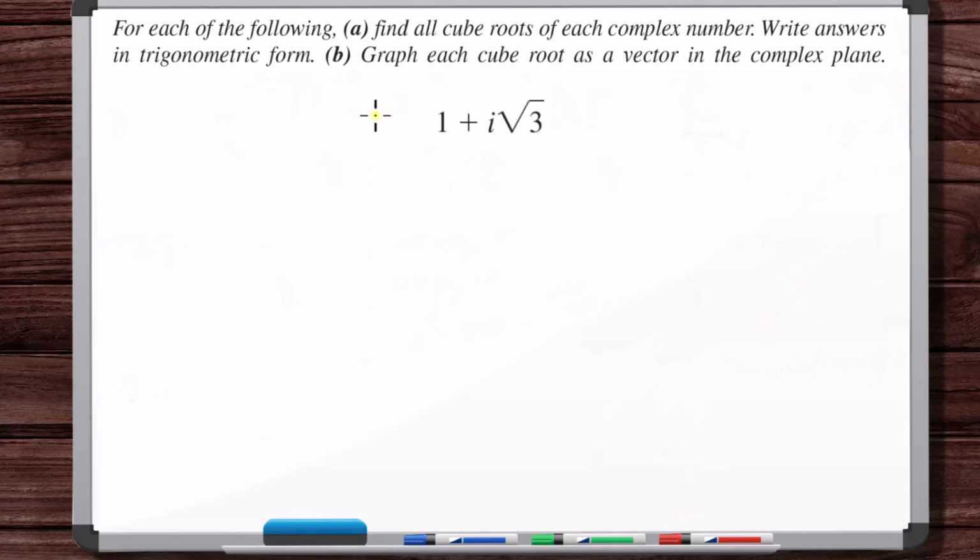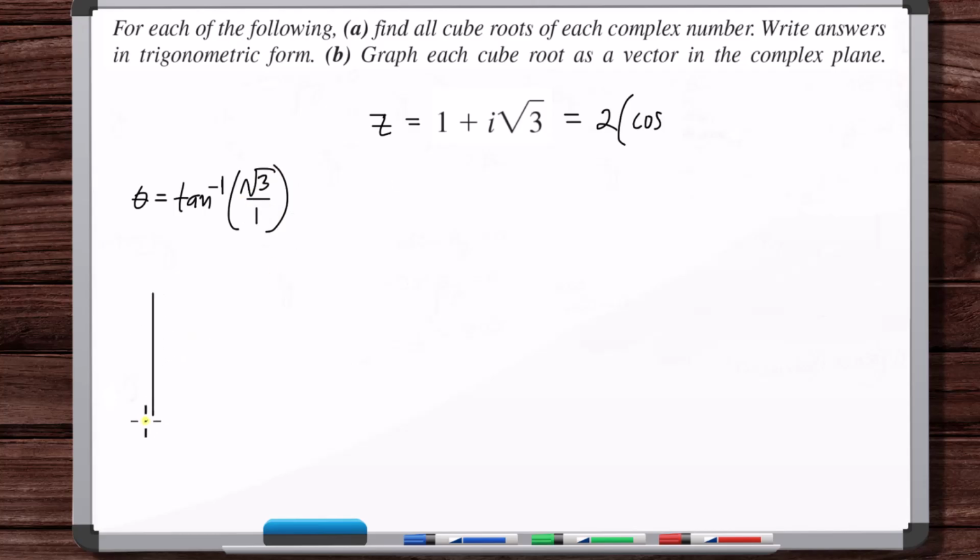Okay, 1 plus i root 3. We want to start by converting this to polar. The radius: root 3 squared is 3, 1 squared is 1, 3 plus 1 is 4, and the principal root of 4 is 2. Now the angle: think about arc tangent of root 3 over 1.